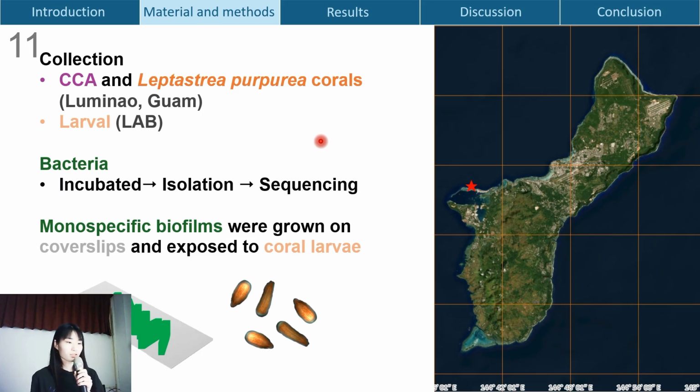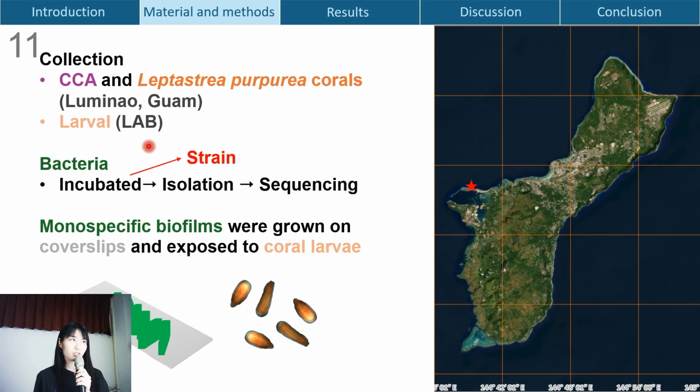And as for the bacteria, we incubated them to grow them. First we need to isolate them from the algae, and we need to isolate them into strains. Strain is a special classification for bacteria.